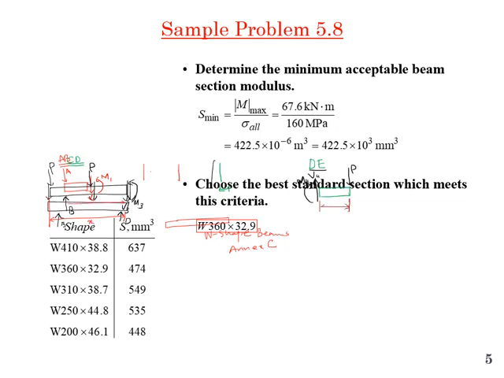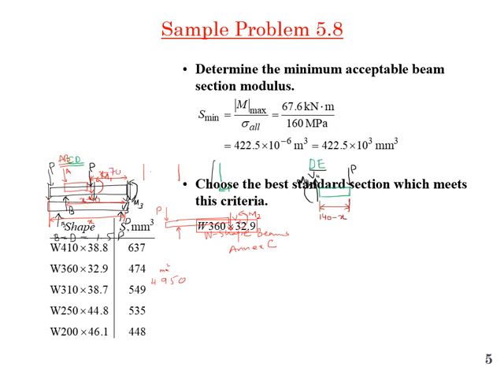So how do we choose the best one? If I look at the area of those beams, the first one is 410 by 38.8. The area for that is 4,950, and that is in millimeter square.